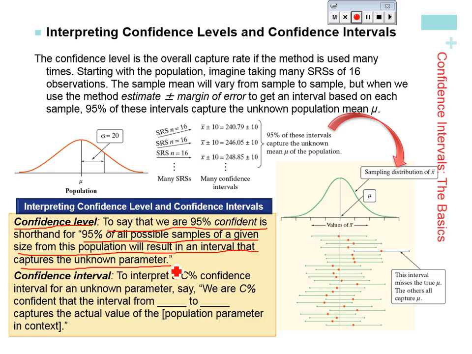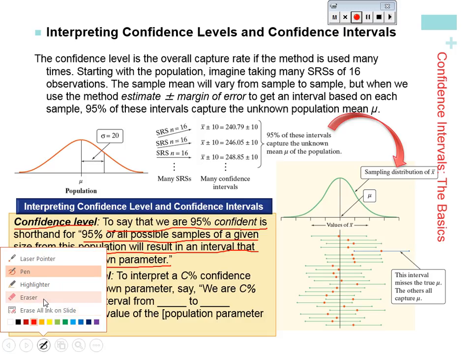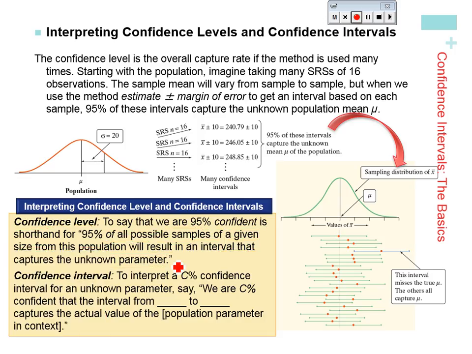So in terms of the structure there, what you're going to notice is that there are two or three parts of this structure that will change based on the problem that you have. What first will change is the confidence level. Keep in mind that most confidence intervals are of the 95% variety, but if the confidence level is different, then you would want to put in the beginning what that confidence level is.